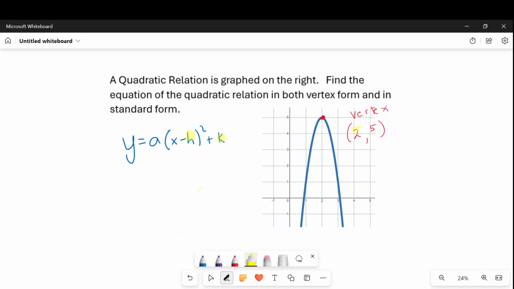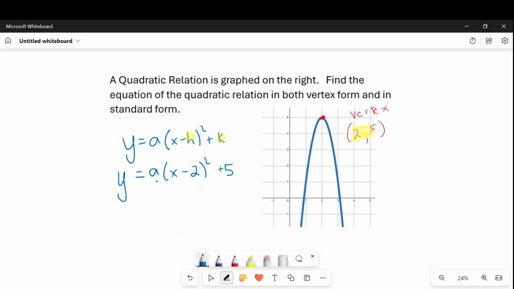And because I have the vertex, I can write those numbers into the equation. So it's the a value that I don't know yet, and we'll look at how to find that in just a second. So let me just fix my pen here. So I get y equals a times (x minus 2) squared, plus 5. So there's the vertex of that quadratic.